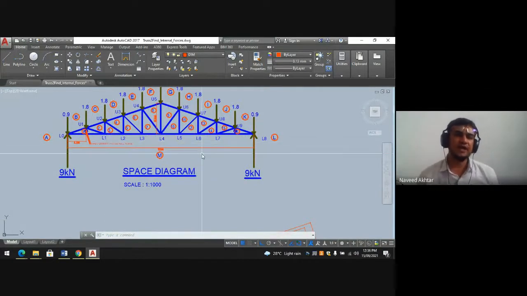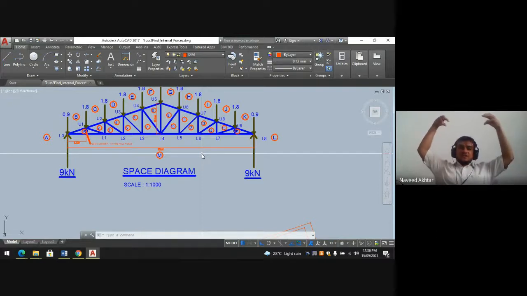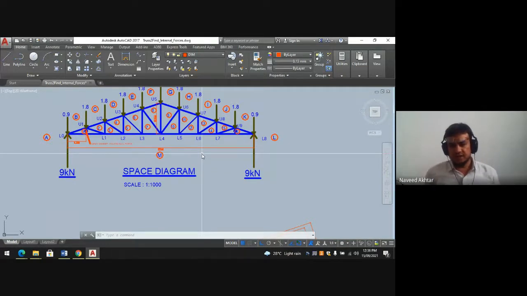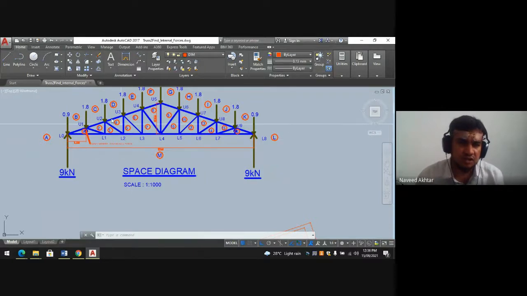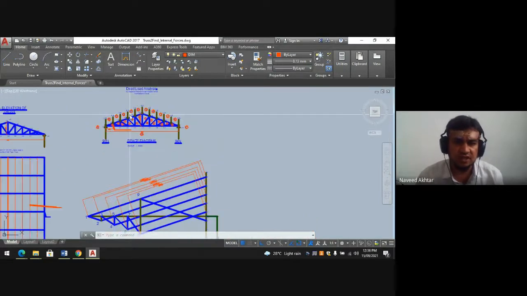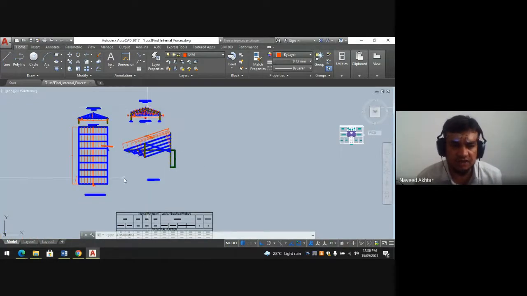Also, you know that the force towards joint is always compression, and the force away from joint is always in tension. So you can find out the compression and other forces by the Rafter diagram.